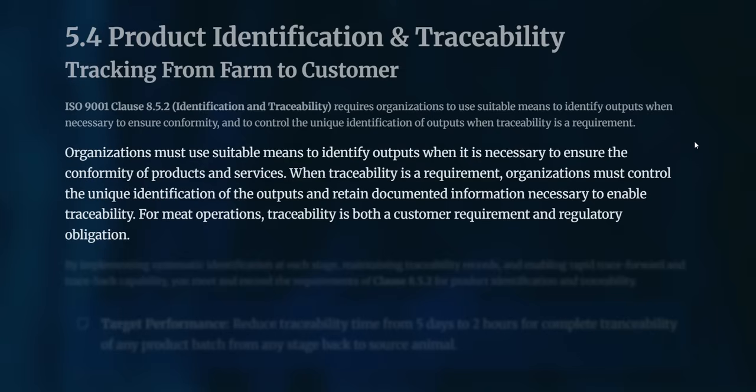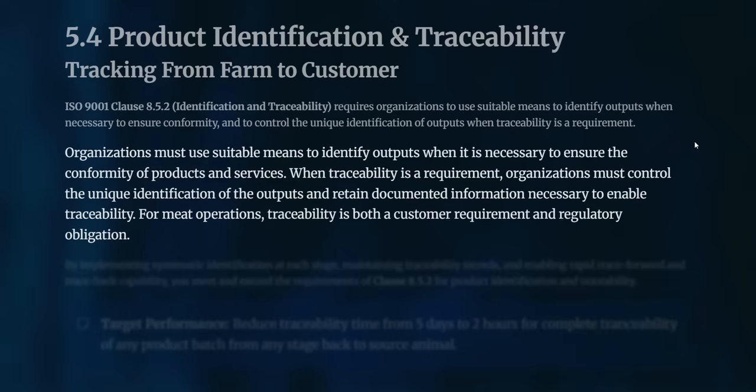Now, organizations must use suitable means to identify output when it is necessary to ensure conformity of products and services. So, when traceability is a requirement, organizations must control the unique identification of outputs and retain documented information necessary to enable traceability.